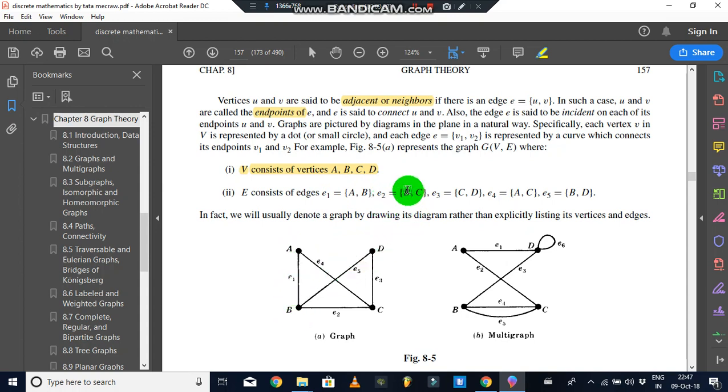B to C is E2, C to D is E3, and A to C is E4, and similarly E5.